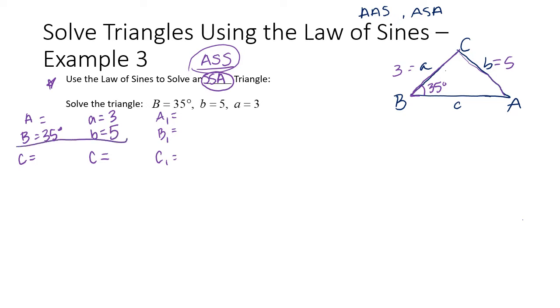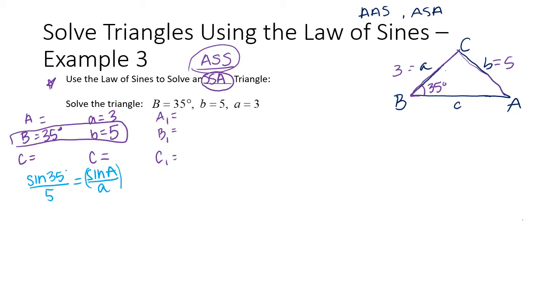So here's the ratio I'm going to use for solving for these, the sine of b over little b. So let's get this going. So I've got the sine of b over the side b equals the sine of a over the side a.